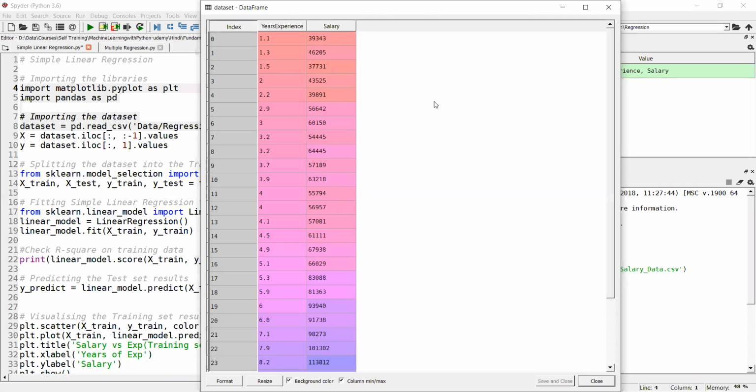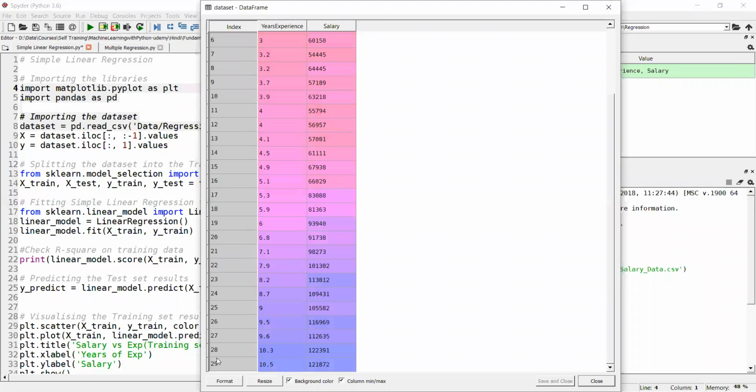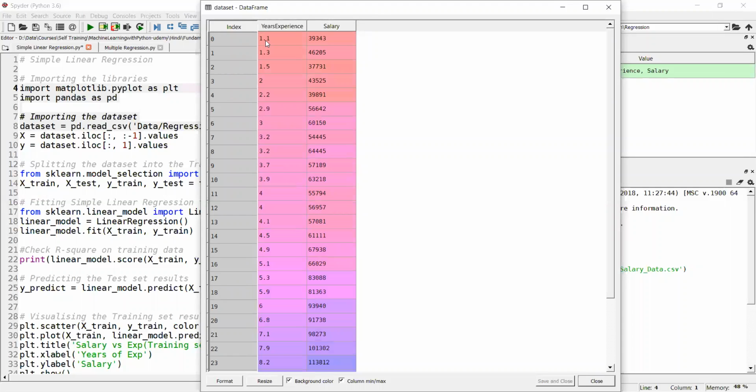And the dependent variable is salary. Also salary is called the predictable variable, meaning the variable which you are going to predict. So how many readings are there, starting from 0 till 29? We have around 30 readings, in which, based on years of experience, salary is provided.